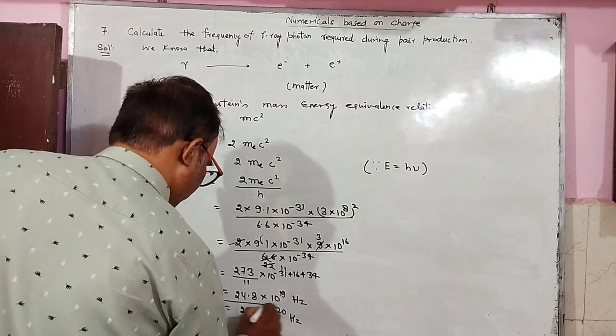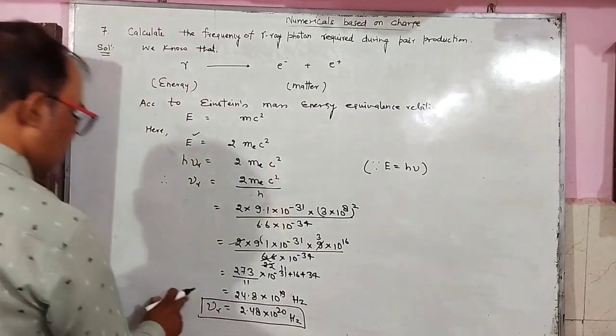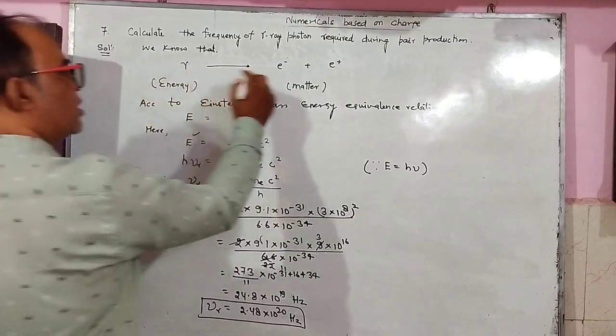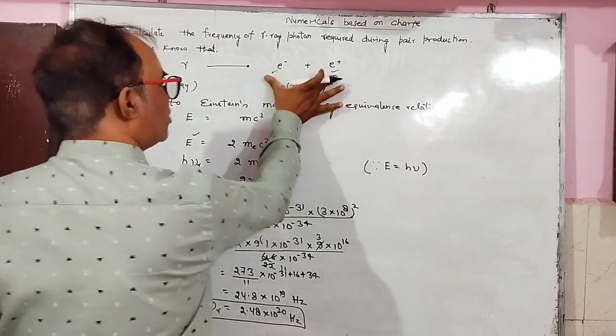So this is the frequency which a gamma ray must have to produce an electron and positron pair.